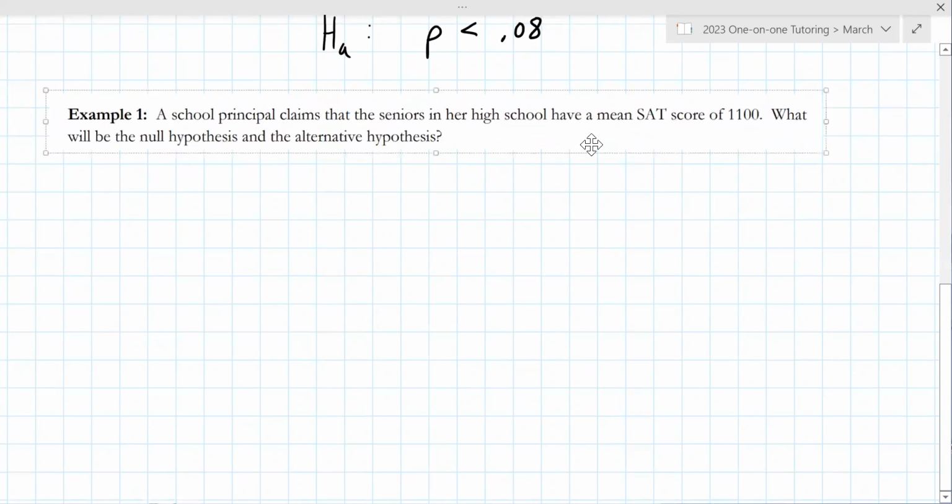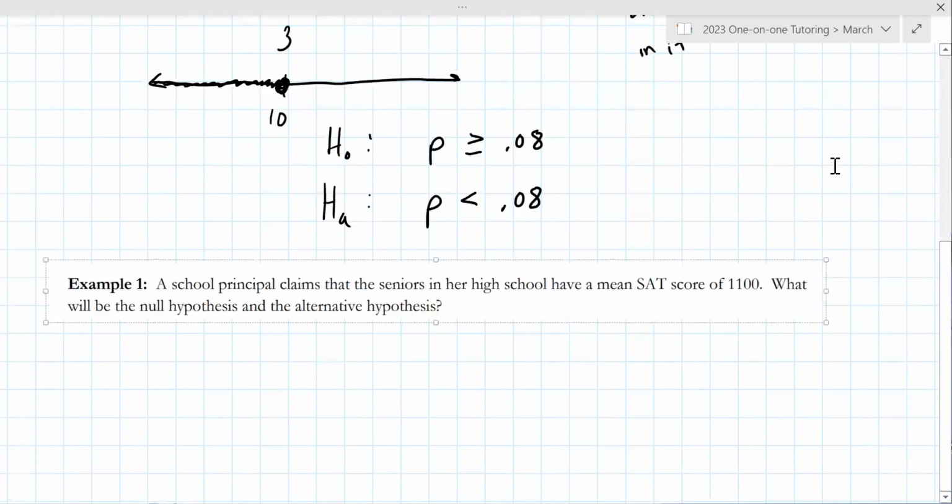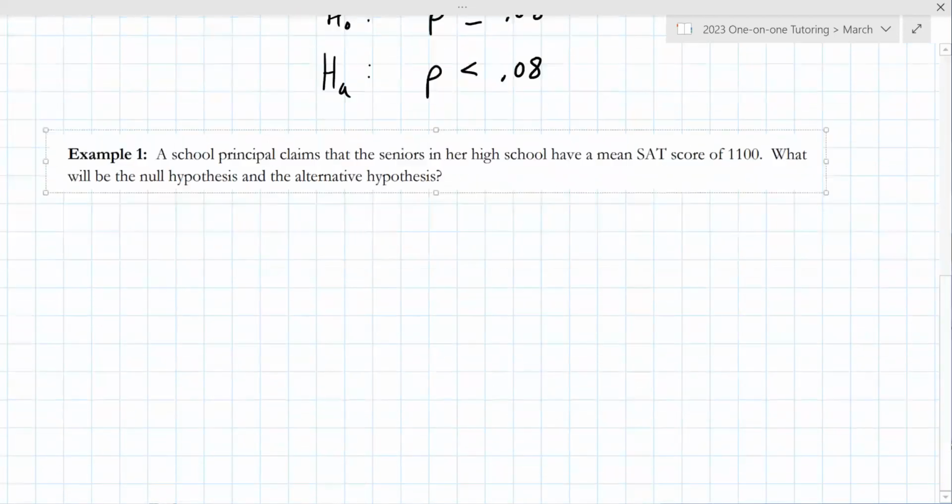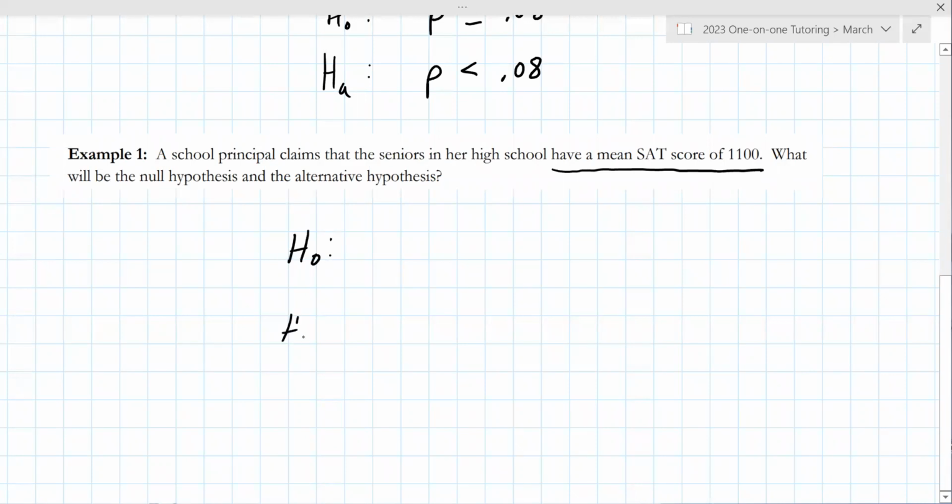All right, so a school principal claims that the seniors in high school have a mean SAT score of 1100. Okay. Now, this one kind of violates what I just said, which is typically the claim is in the alternative. But when you read the language here, when it says have a mean score, the principal's saying you will have a mean score of this.